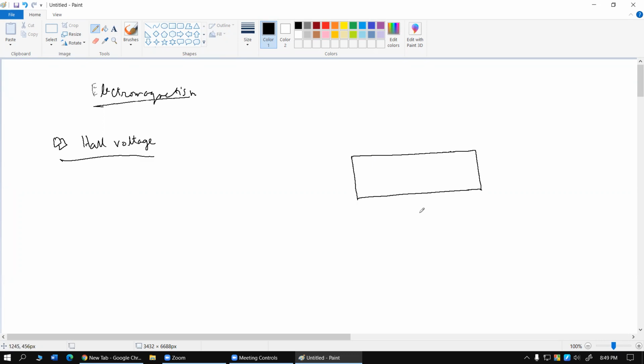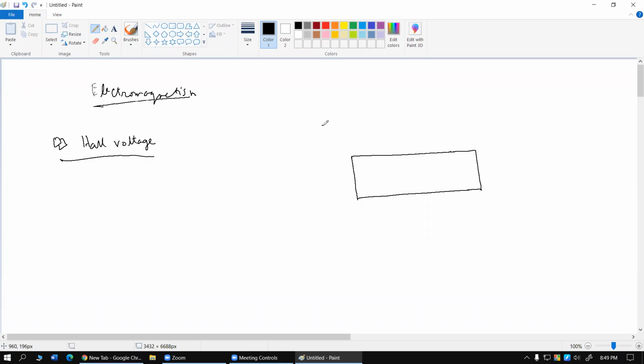This has some thickness. I'm not showing you the thickness because I'm only showing you the face. So I'm drawing the 2D version of a 3D object.